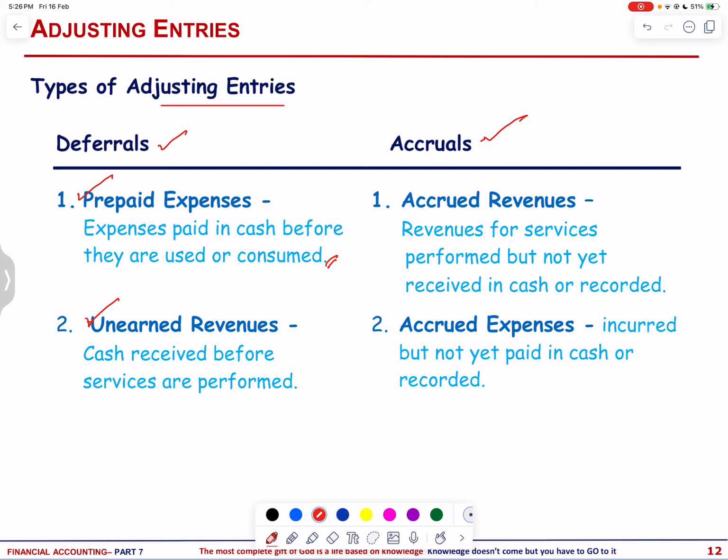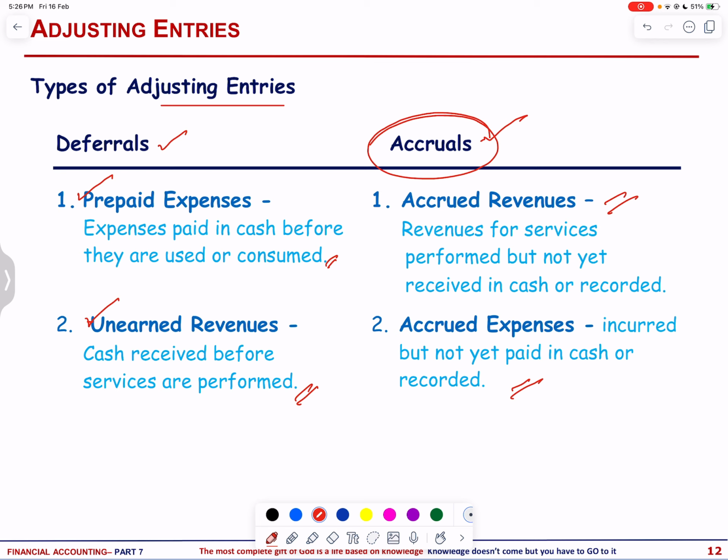Unearned revenue is the cash received before providing the services. We will talk about accruals in the next video. Under accruals, we have accrued revenue, that is revenue earned but not yet received or recorded, and accrued expenses, that is expenses incurred but not yet paid or recorded.